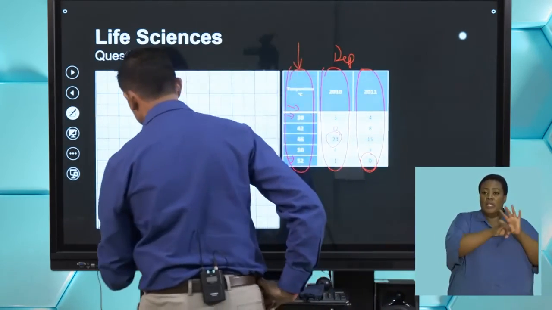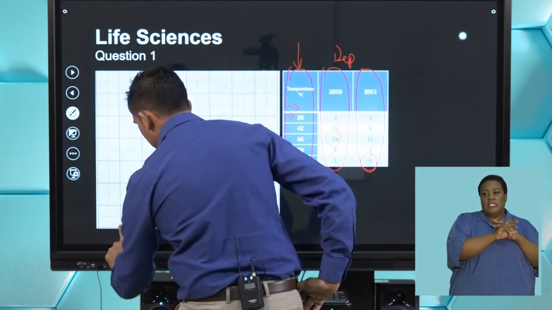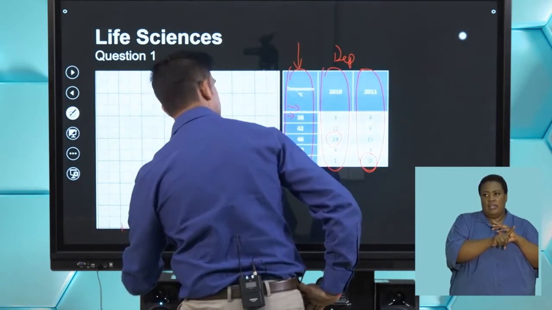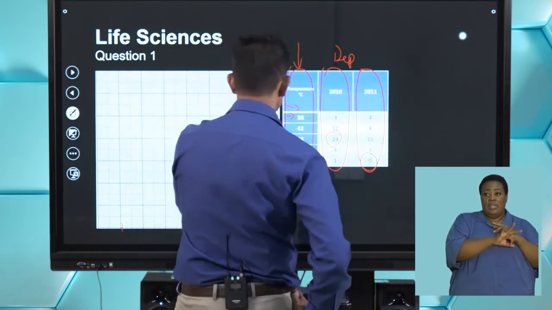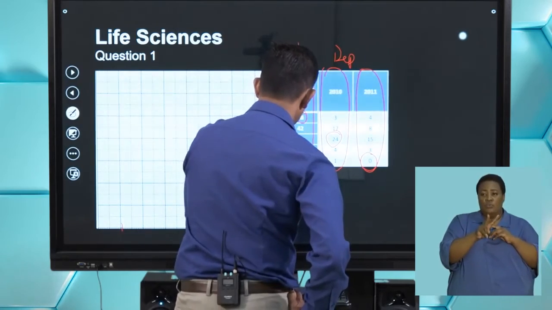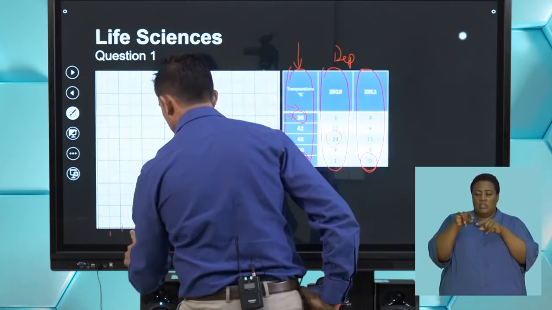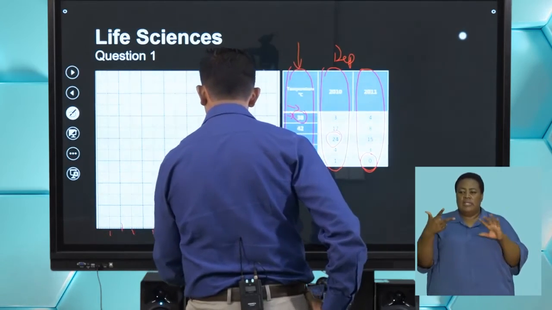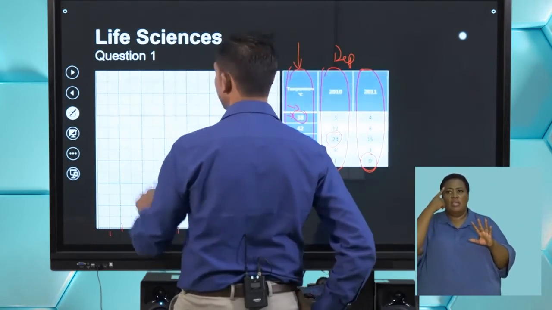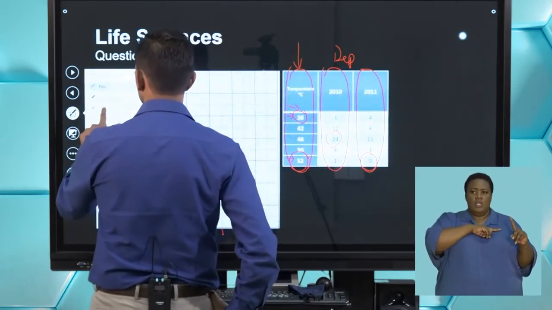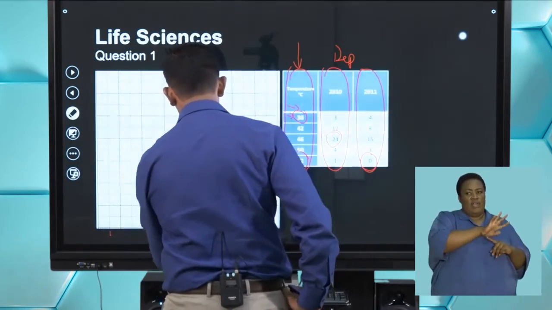So I'm going to identify this as 38 and 52. If I look at how many blocks I've got, 1, 2, 3, 4, 5, 6, 7, 8, I think it's reasonable for us to use intervals of 5.